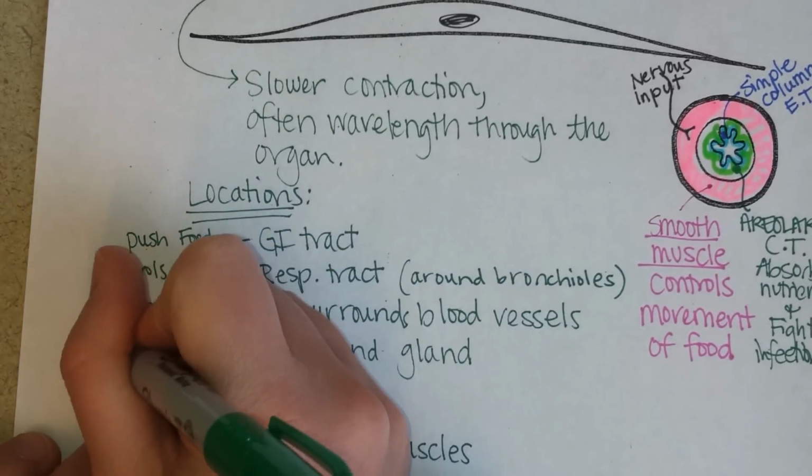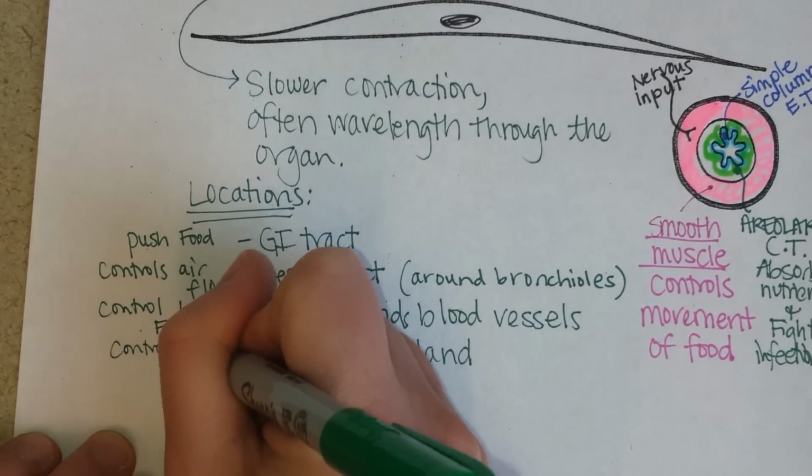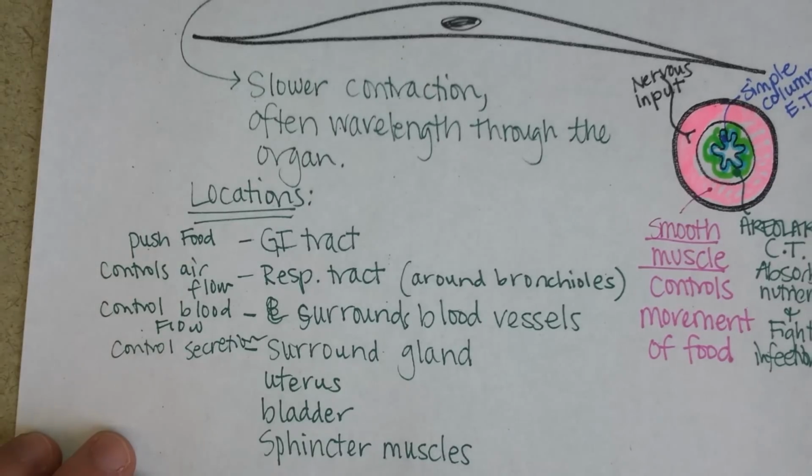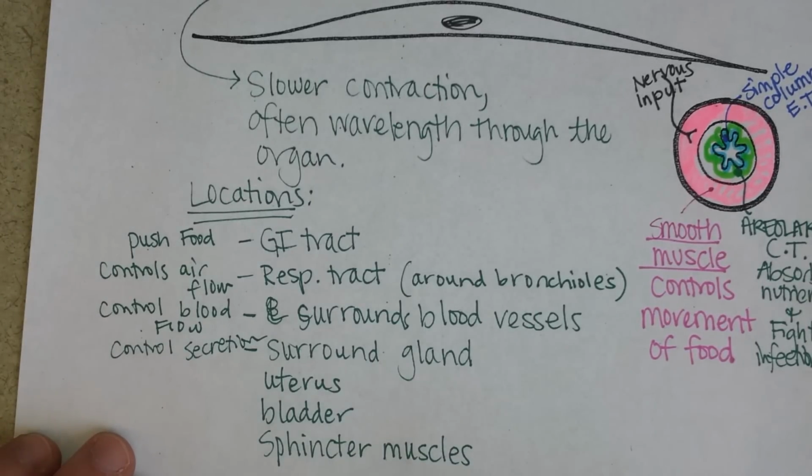Surrounding a gland, it can control secretion by either constricting, so like think your bile duct. You're going to squeeze bile into your small intestine to help digest your food, your fat particularly, but it's not going to be coming out all of the time, so in between meals, it's constricted and not allowing the bile to leave.